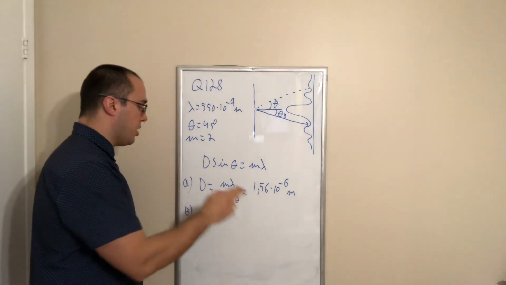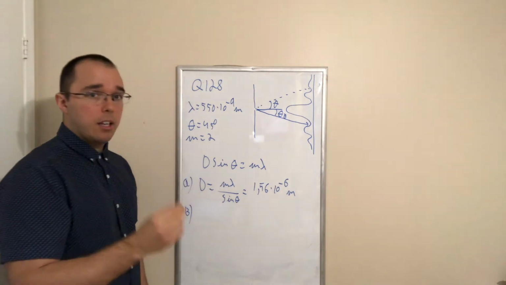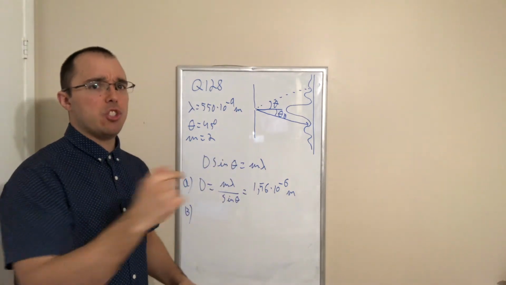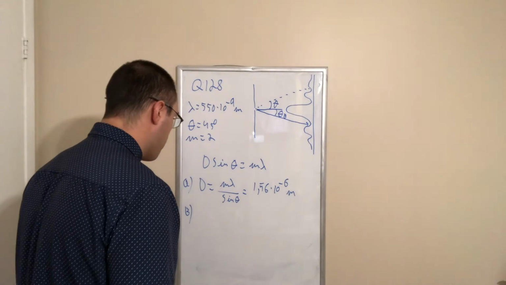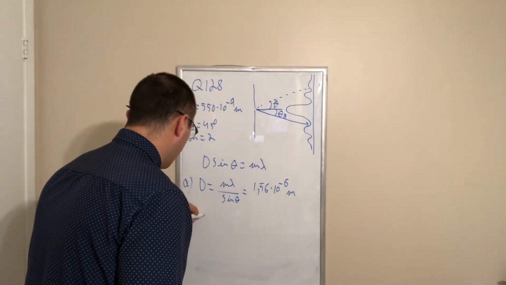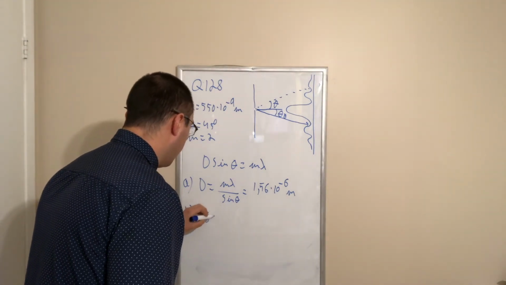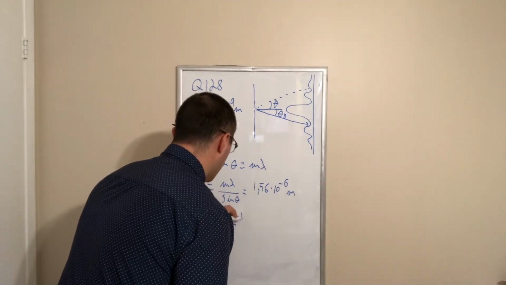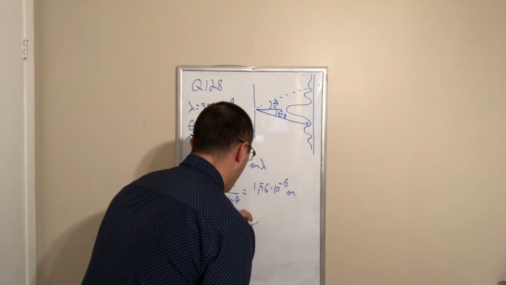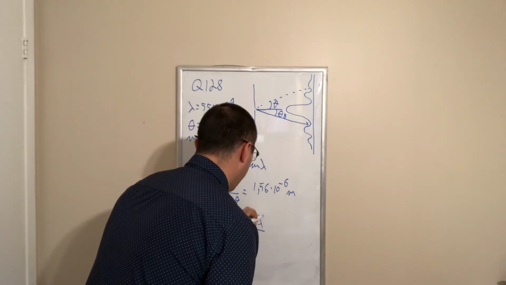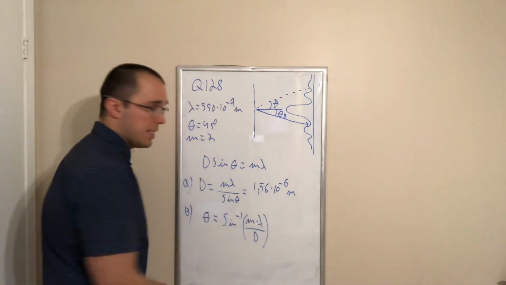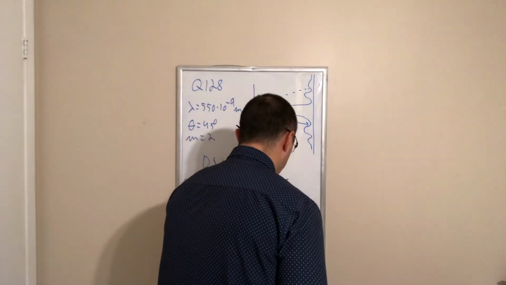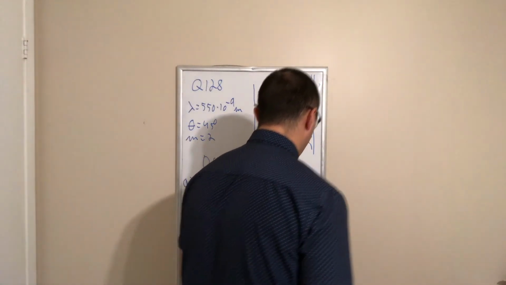Because we found the width of the slit in part A, we now have all the information we need to solve part B. So we will need to isolate the angle, and we will need to use the inverse sine function on m multiplied by lambda divided by the width of the slit. If we plug in the values, we get 20.7 degrees.